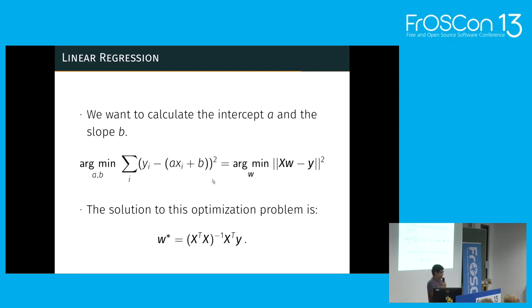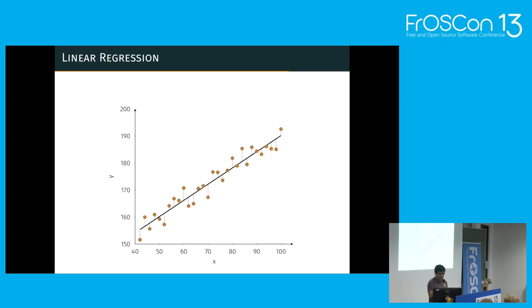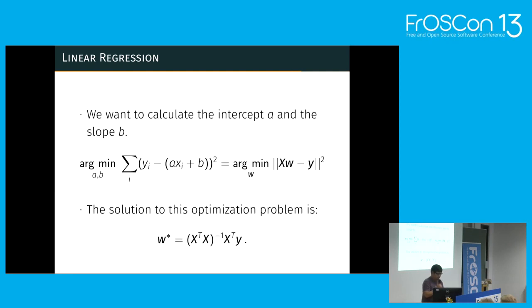So we want to find, in the case of the two-dimensional data set, the intercept and the slope of this line. So this is the most simple case.